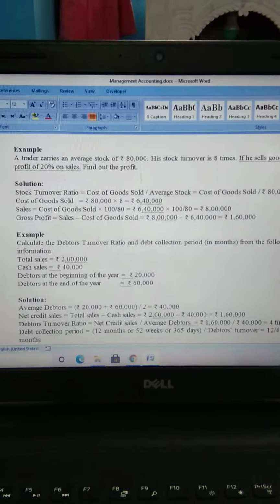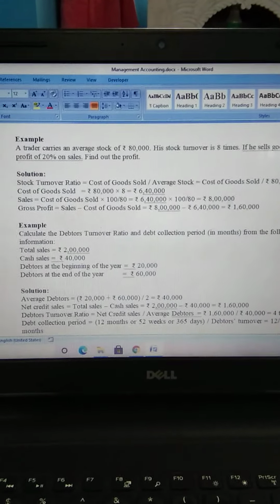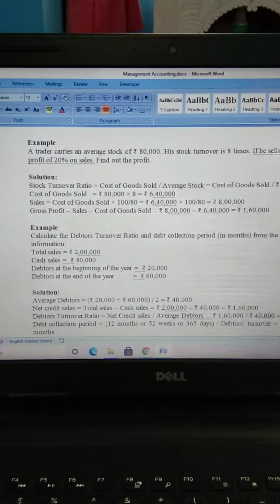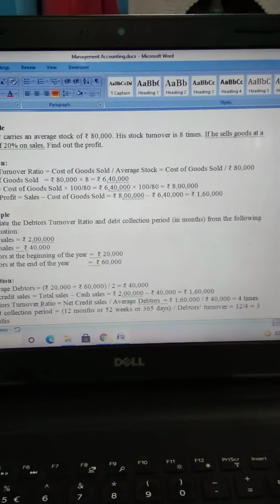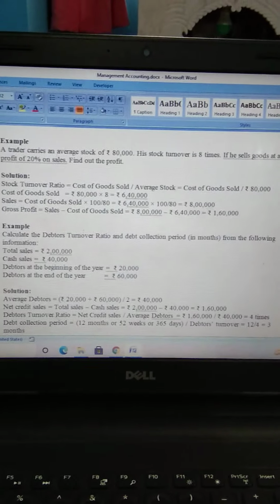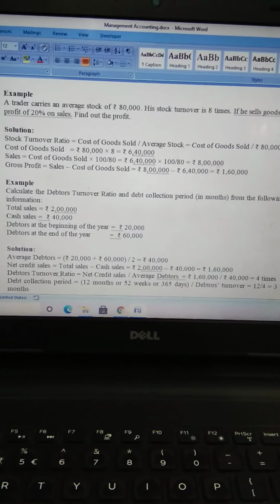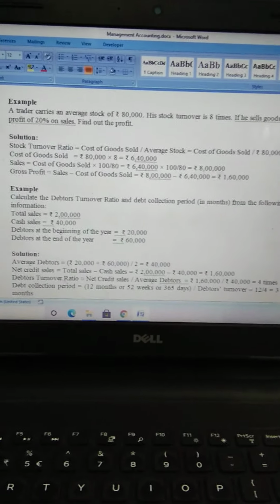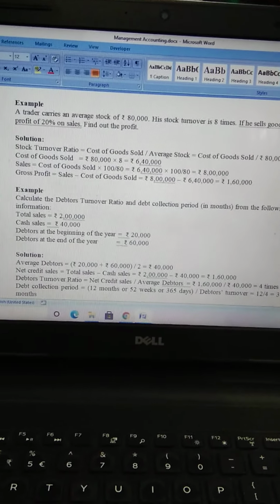That's why sales equals cost of goods sold into 100 by 80, 6,40,000 into 100 by 80, 8 lakh, and the gross profit equals sales minus cost of goods sold, 8 lakh minus 6,40,000, 1,60,000. Hope students you understood. This is a very easy sum of ratio analysis. Next class we move on to more sums of the same type.